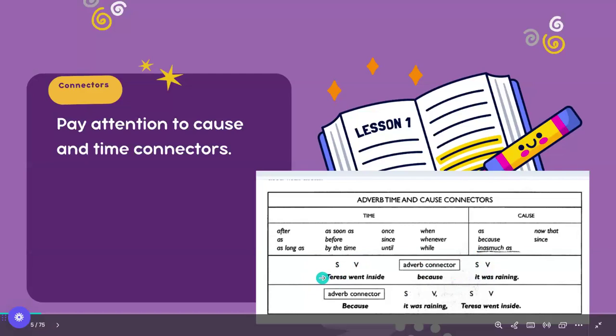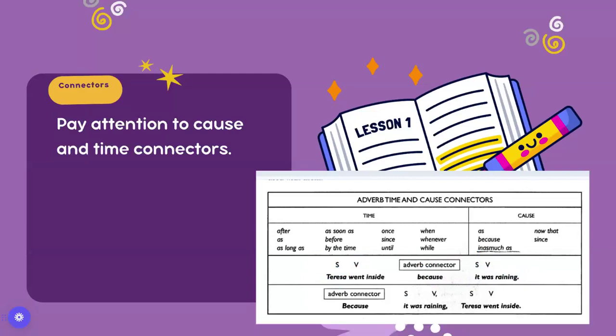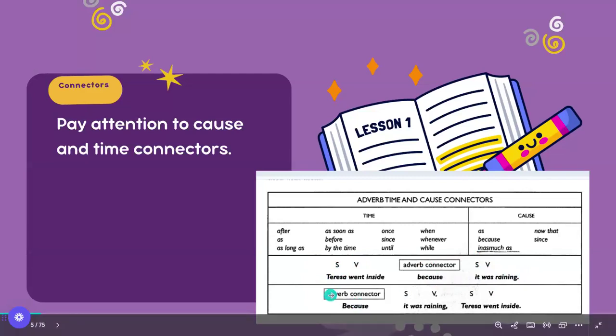Like here, Teresa went inside, subject verb, because it was raining. We can also start these sentences with the connector. Because it was raining, comma.